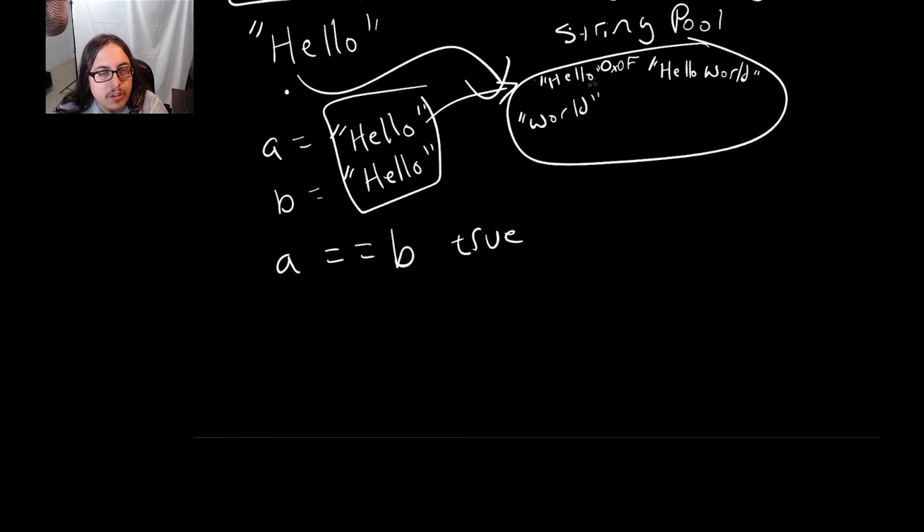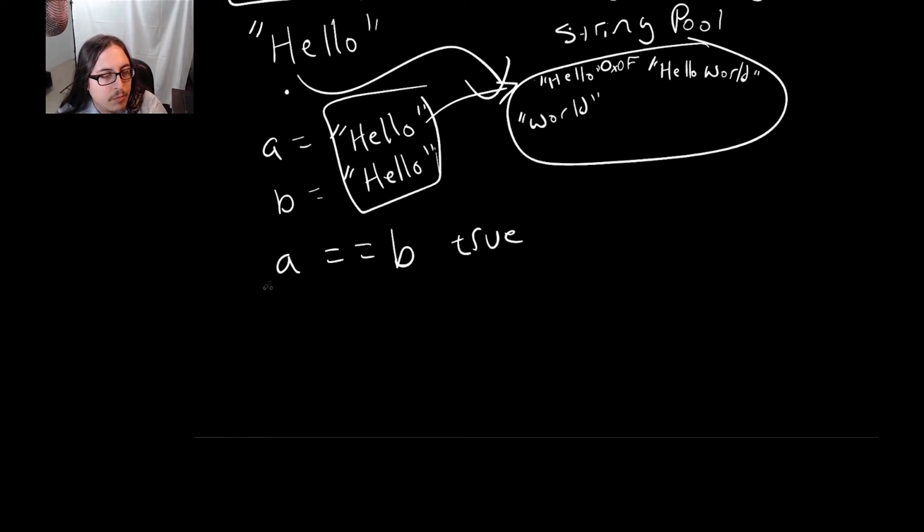That's where it's referring to when it pulls this hello. And whenever you write hello, it returns this memory address. So the reason these are the same is because A and B actually have the same memory address. And that's what this equivalence operator is checking.